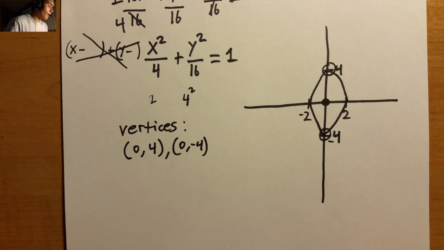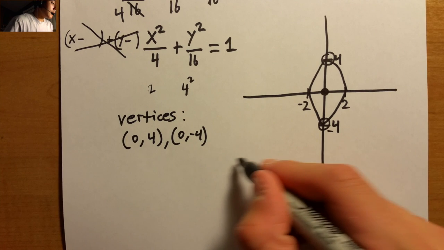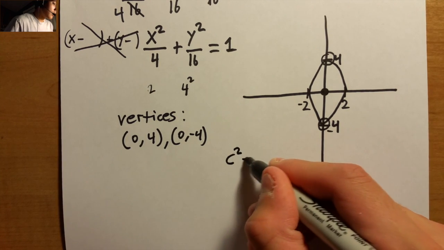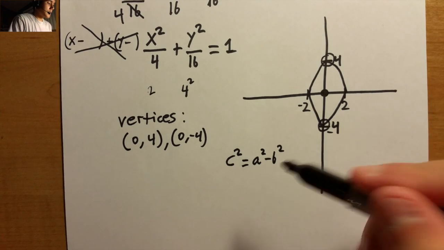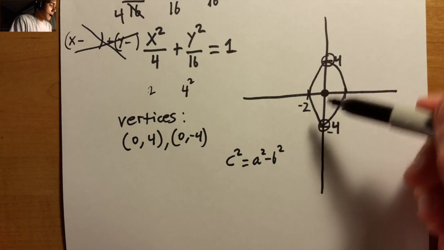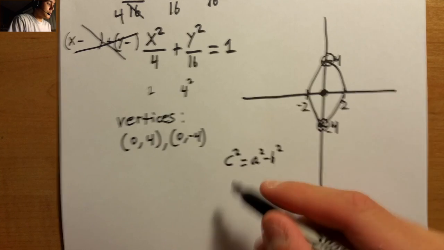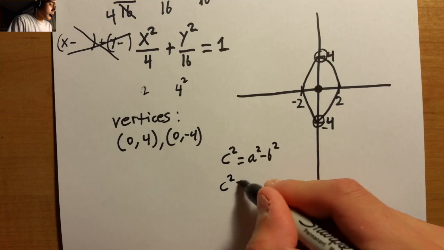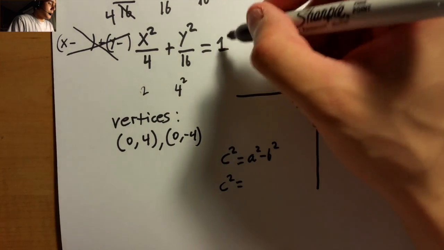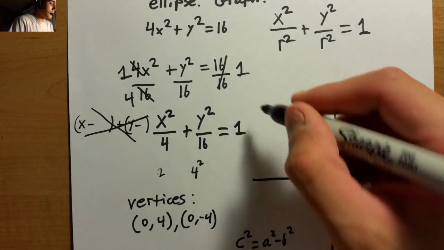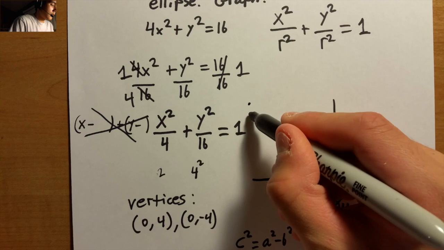So remember in the last example, the equation c squared is equal to a squared minus b squared. So essentially it's just the major axis minus the shorter axis that is going to give us the foci. So it's going to be c squared, and then we plug in our points. So this would help to rewrite it. I'll just rewrite it small really quick here.